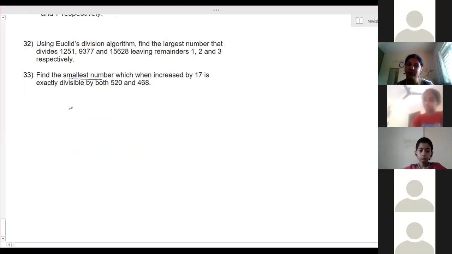Suppose the smallest number we consider as x. When increased by 17, x plus 17 is divisible by both 520 and 468. So what number is possible? A number which is divisible by both 520 and 468 is HCF or LCM?